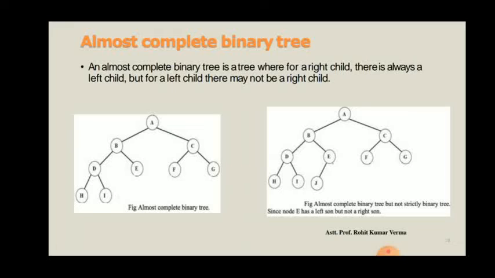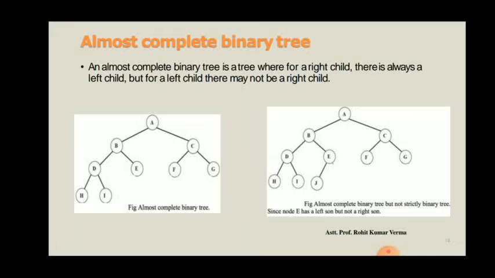In the first image we have an almost complete binary tree, which is also in the form of a strict binary tree. In the second image you can see, as per the definition, for a right child there is always a left child.